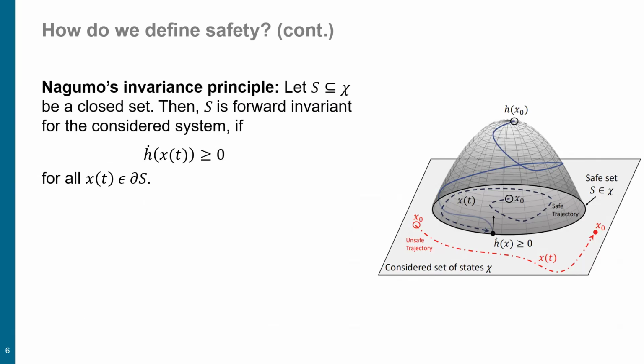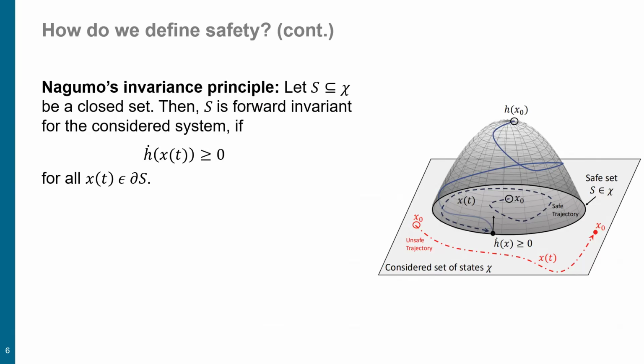And the condition is very simple. It's just that h dot at the boundary of the safe set needs to be greater or equal to 0, because the function needs to always be greater or equal to 0. We need to make sure that the value doesn't slip down.